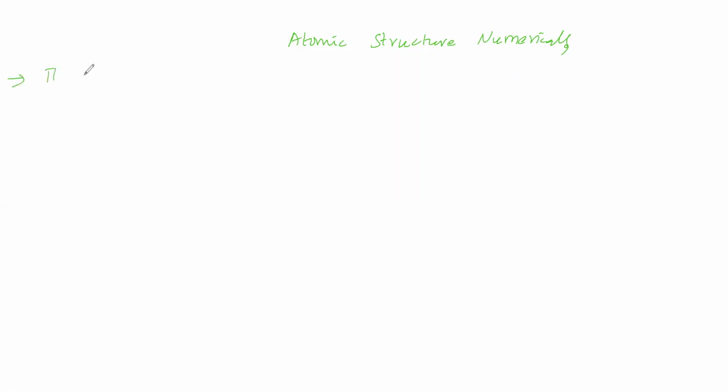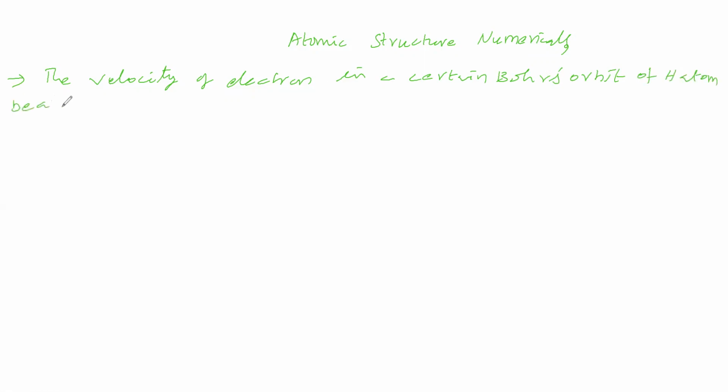The velocity of electron in a certain Bohr's orbit of hydrogen atom bears the ratio 1:275 to the velocity of light. What is the quantum number of that orbit?